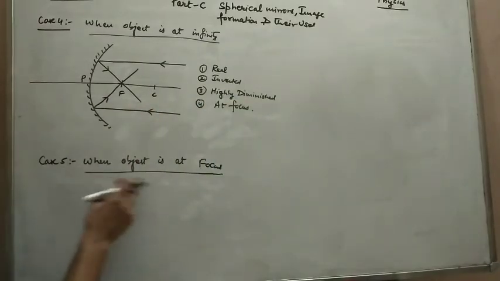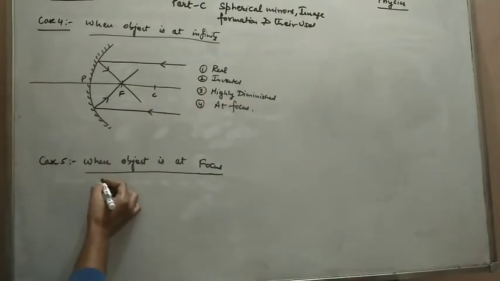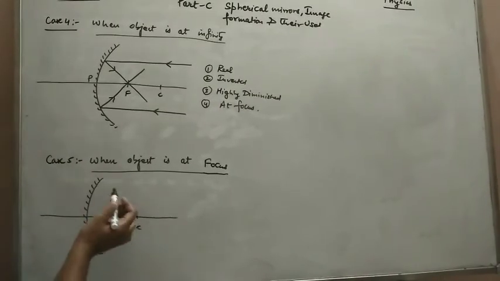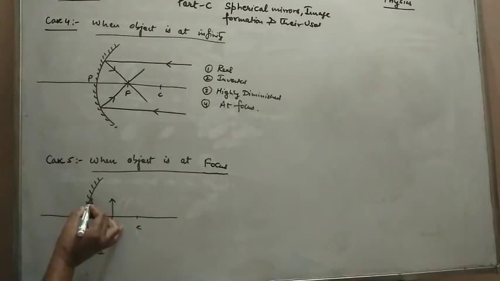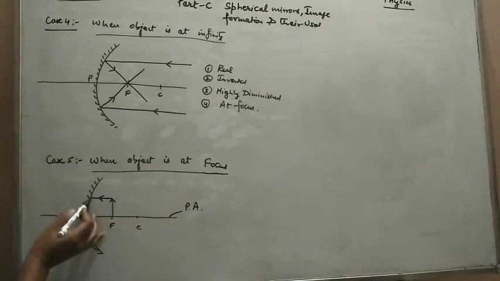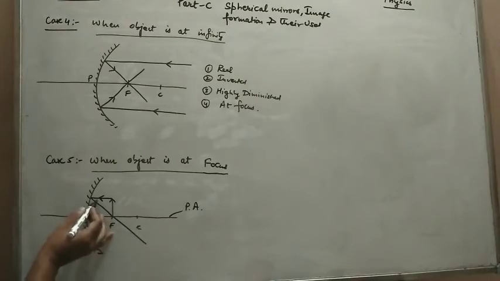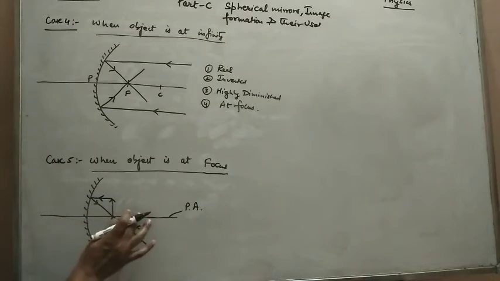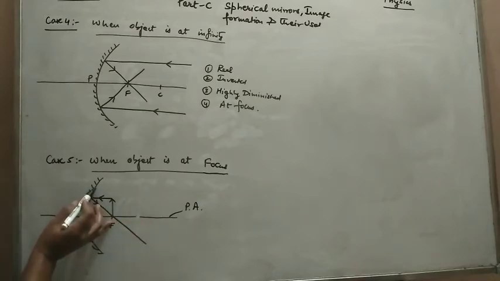Now fifth one is when object is at focus. Here is the concave mirror, here is the object at focus. I am taking one ray from the object which is parallel to principal axis. This is principal axis. Now after reflection it will pass through focus. And another one you can take from center of curvature.